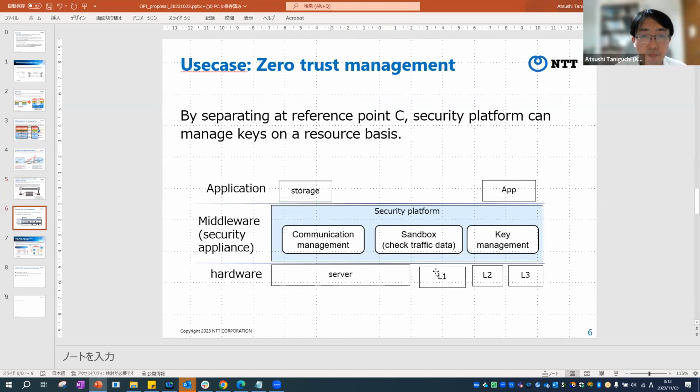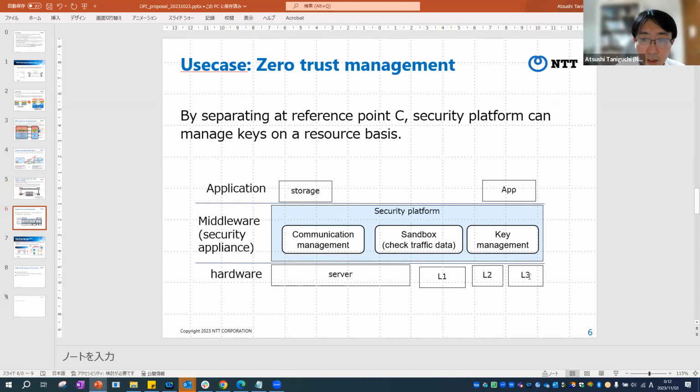Also, by separating the key management, it can control the security appliances in the whole network.